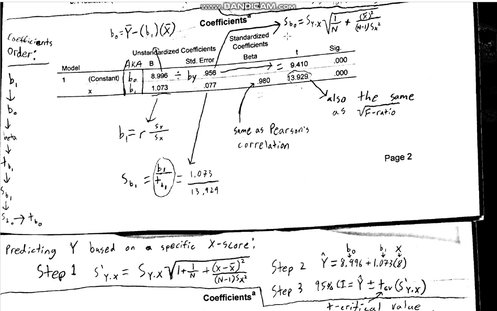So next we can get the standard deviation for the constant, so standard deviation of b sub 0, and that is equal to the standard error of the estimate, which we got earlier in the assignment as well, times the square root of 1 over n, where n is 10 for this problem, plus the mean of x squared divided by n minus 1 times the variance of x.